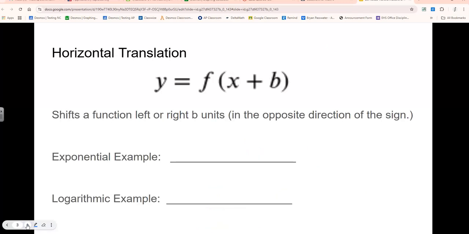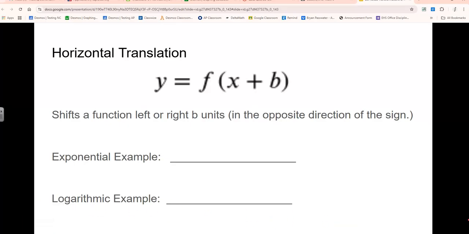All right, we also can shift things left or right. Doesn't matter what type of function you have. So here it's just a generic function, f of x plus b. This is going to shift the function left or right b units in the opposite direction of the sign. So an exponential example is going to look like this.